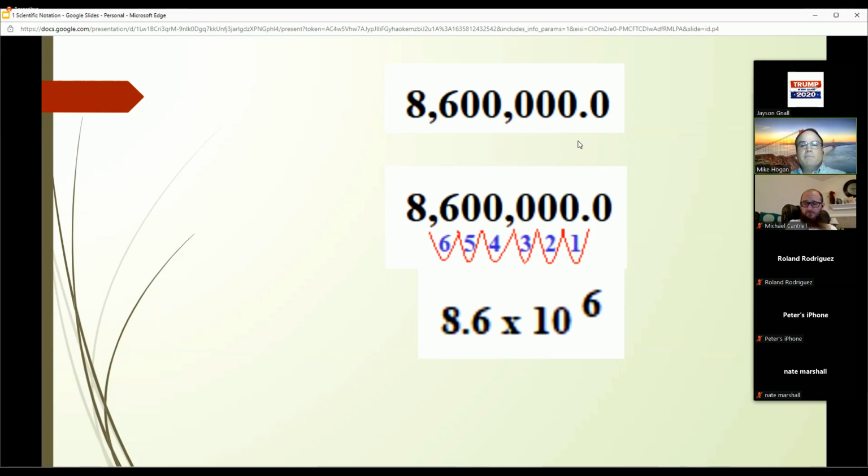And so what we want to do though is convert this number, 8,600,000.0, to something that has a whole number. Usually we'll go a whole number, a decimal place, and then another number. But it's going to be times 10 because we're base 10. And then we're going to raise it to a certain power.